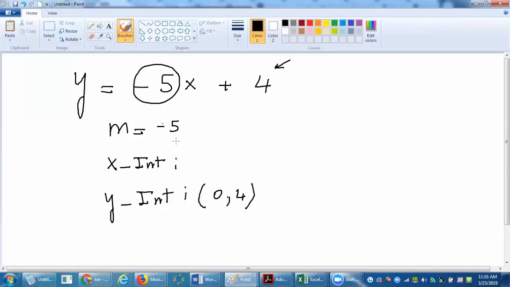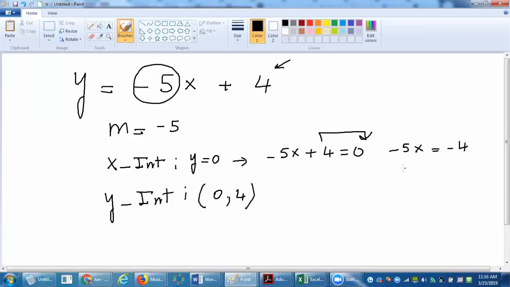To find the x-intercept, we're going to use the equation and substitute y equals 0. Then we have -5x plus 4 equals 0. And of course, all we need to do is move the 4 to the right, so we subtract 4 from both sides. Then we end up with -5x equals -4.